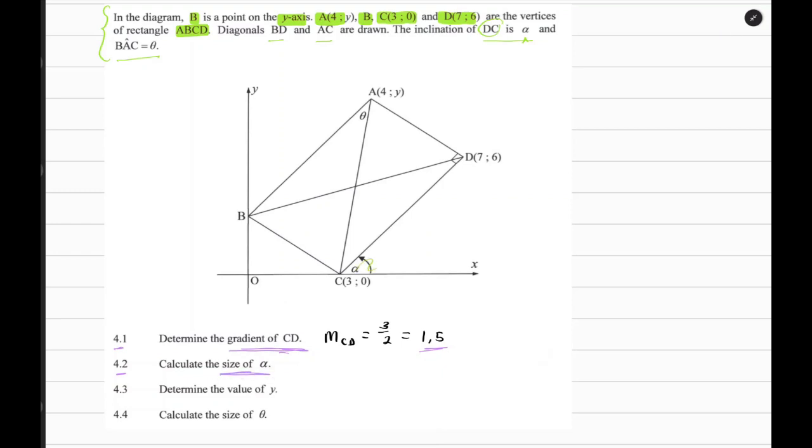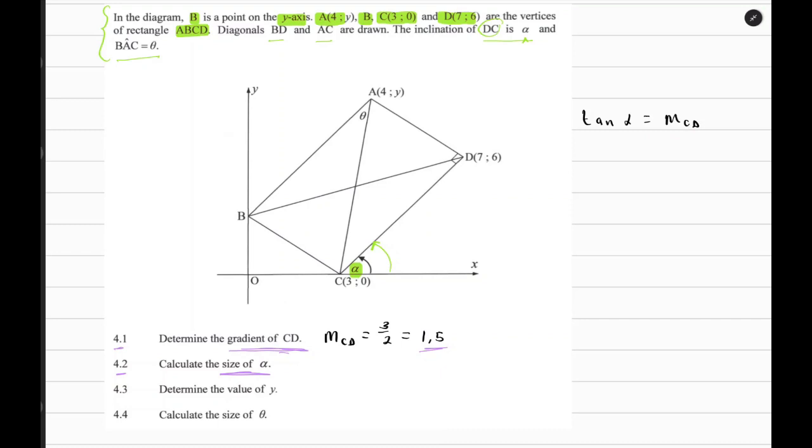The next question says calculate the size of alpha. In the picture, alpha is the angle of inclination, and the angle of inclination alpha is measured from the positive x-axis to the line CD. So we need to use the angle of inclination formula. That is, the tangent of the angle of inclination is equal to the gradient of line segment CD.